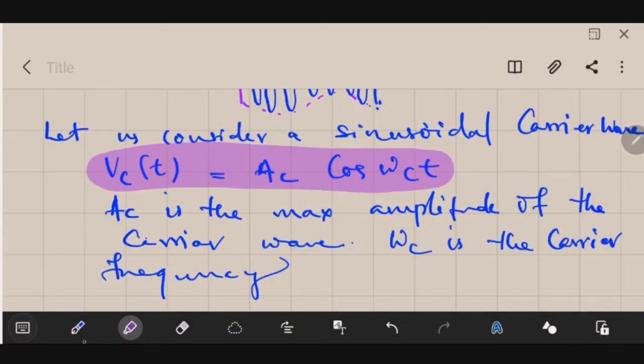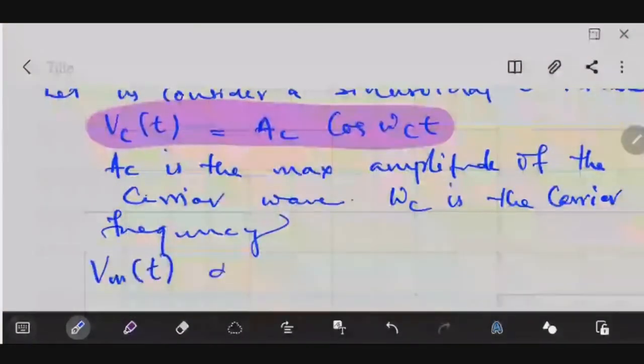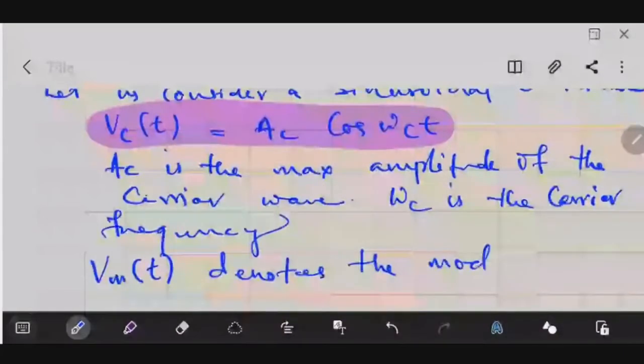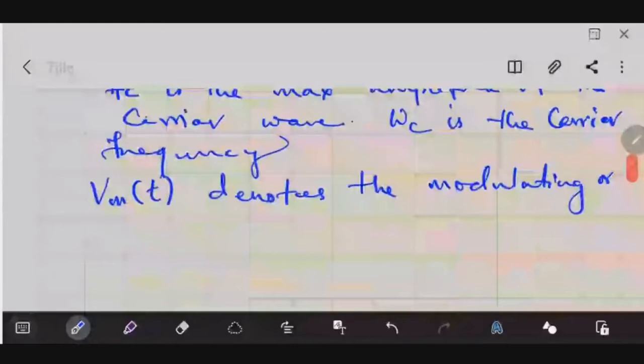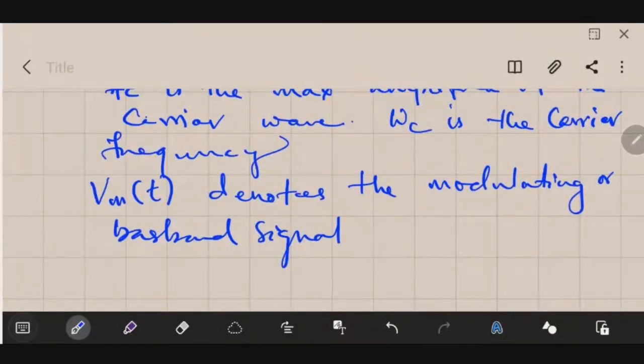Now let us take a modulating signal. Let Vm(t) denote the modulating or baseband signal. According to the process of frequency translation, what should be the modulated signal?